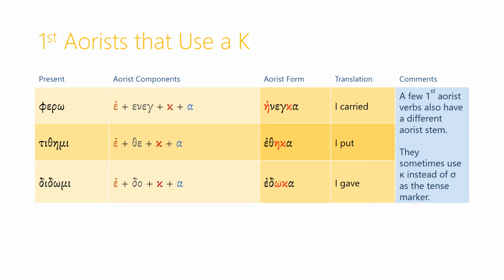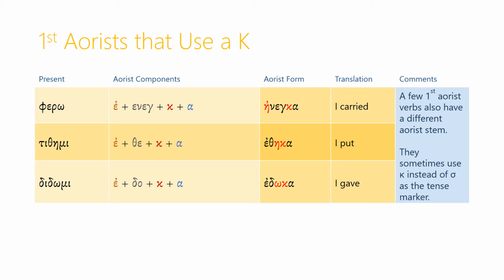Similarly, the real stem of didomi is da, ending in an omicron, and so we add a kappa instead of a sigma after that da stem. The omicron lengthens to an omega, and we get edoka, I gave. The first verb in this chart here, pharaoh, you might not expect to use a different kind of stem in the first aorist, but it does.